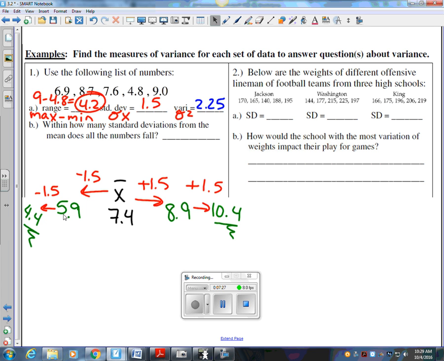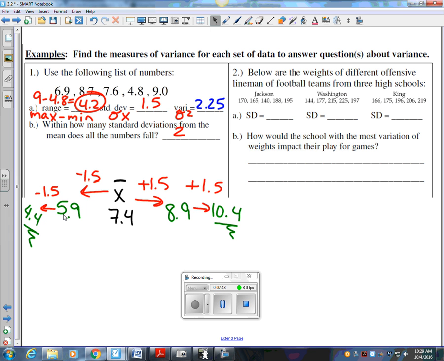Yes. So how many standard deviations did I have to go out? 2. You just do one direction. So it took 2 standard deviations. So your answer is 2 for that question. All right, any questions on that one?